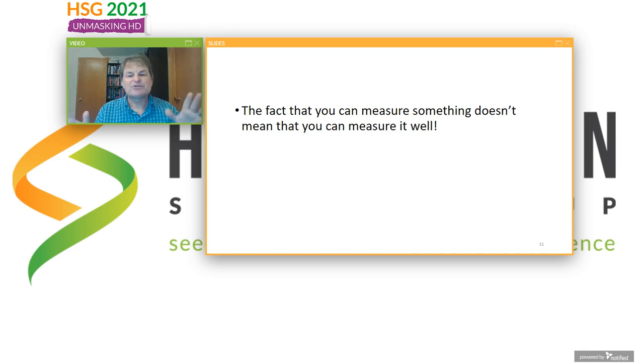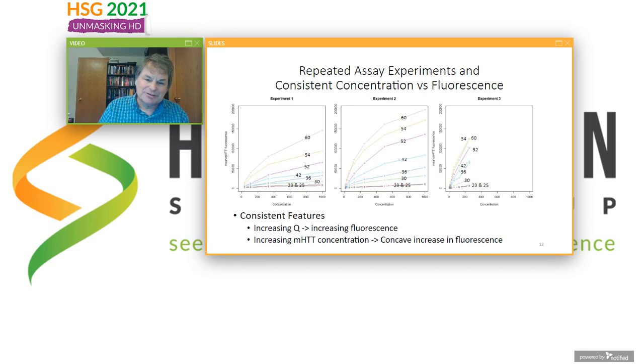The fact that we can measure something doesn't mean that we can measure it well. And the corollary to that is measuring something well depends completely on the context that we need the measurement for. So we want to keep that in mind as we talk about some of these issues of trying to quantify these femtomolar concentrations of mutant Huntingtin in the CSF.